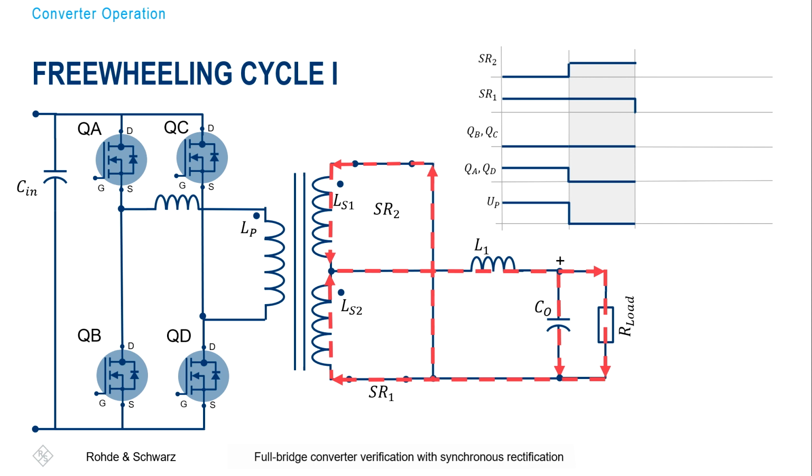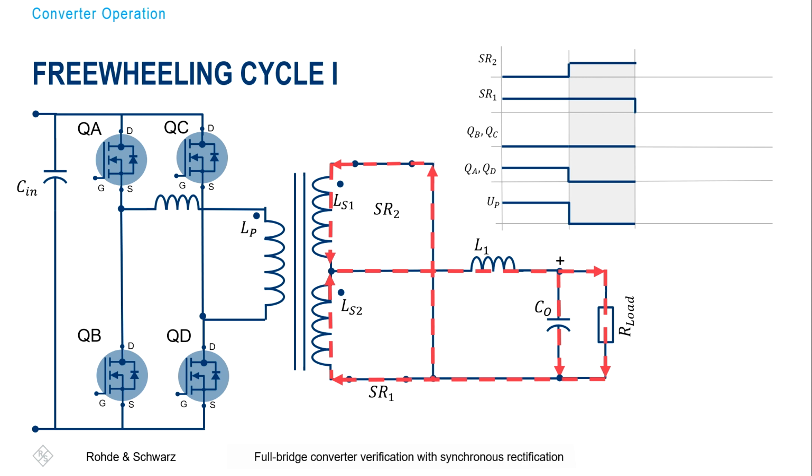Also, we have switched on both synchronous switches, bottom one and top one, and that process is completely independent from the primary side. There is something happening also on the primary side, but that is, as I said, independent, and that is caused by this component here I've drawn, and that is the leakage inductance, and there's also energy stored.